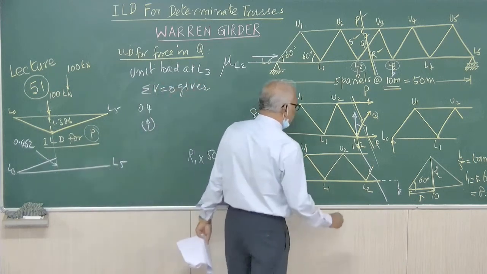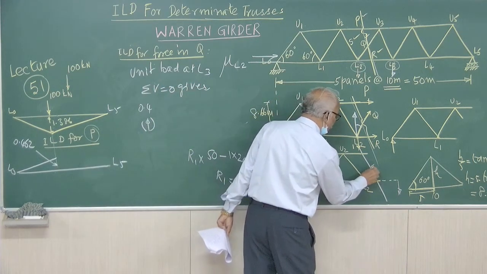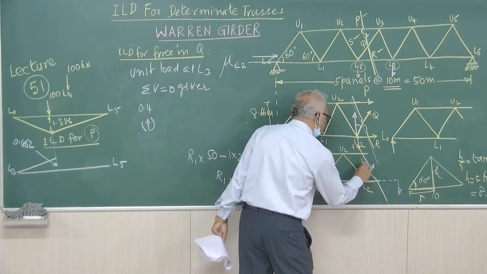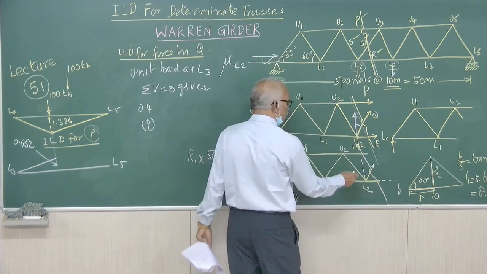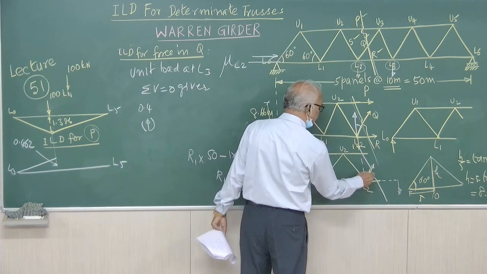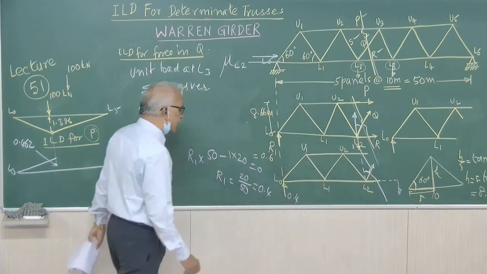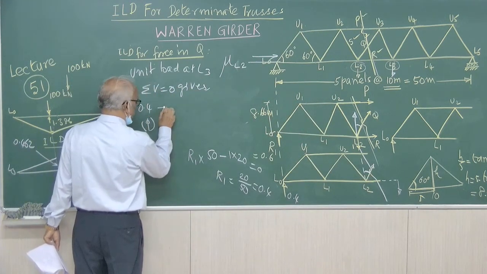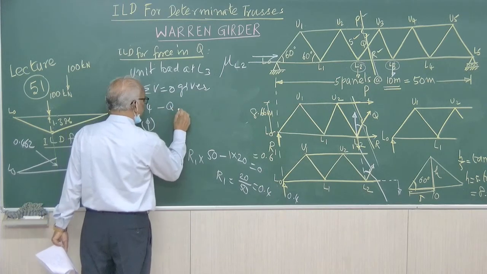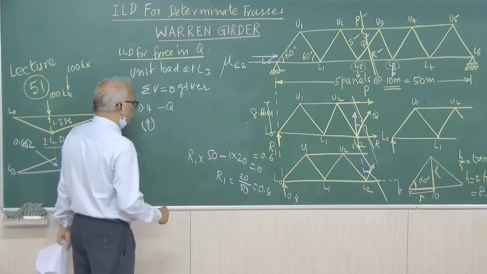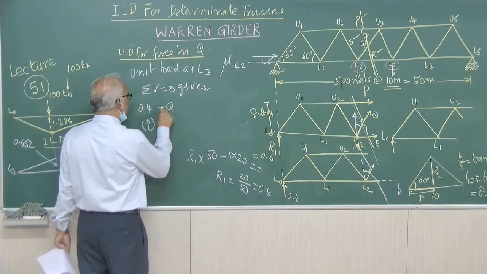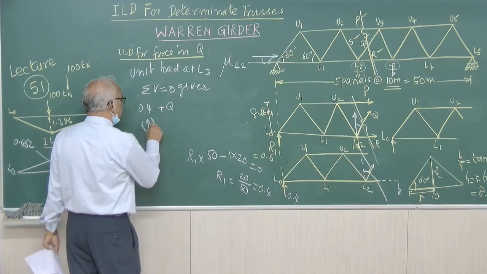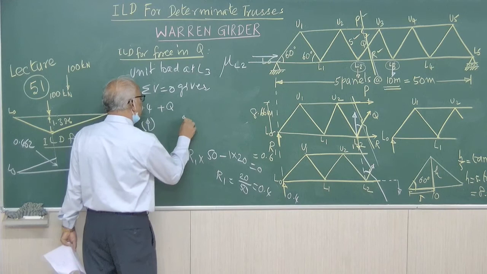Now, when we apply sigma V equal to 0, so 0.4 in the upward direction, and this is Q into the vertical component into cos 30. This is 30 degrees, cos 30, cos of its angle with the vertical. So, plus Q cos 30, because this is in the upward direction, the vertical component will also be in the upward direction.